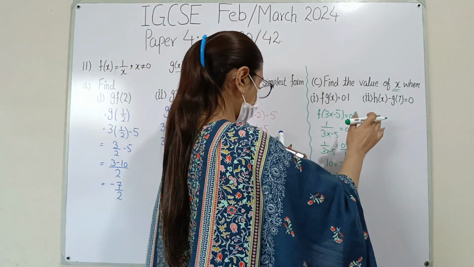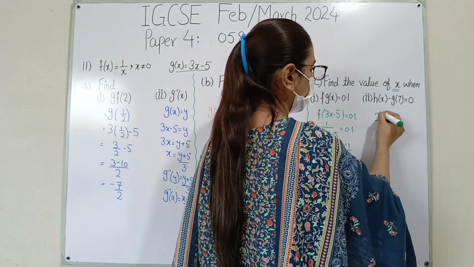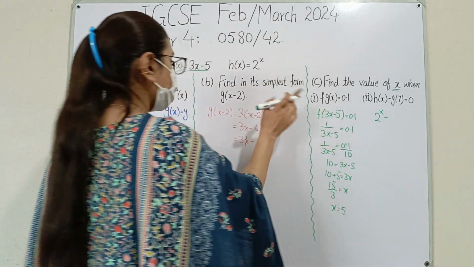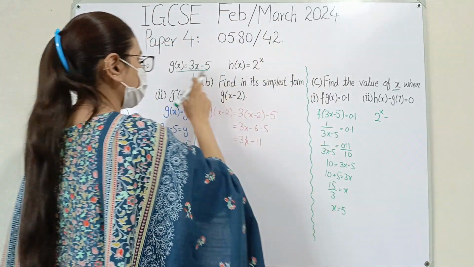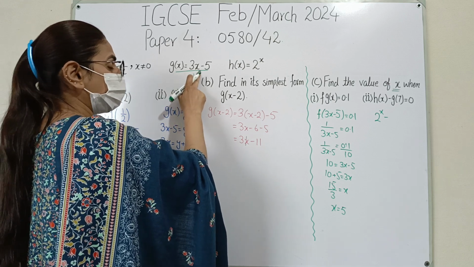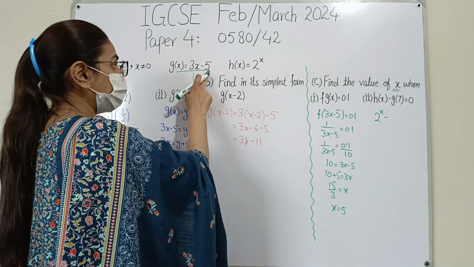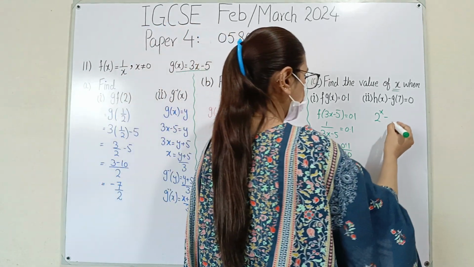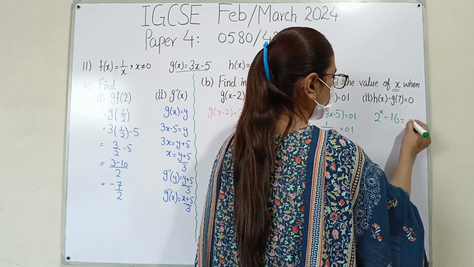You have to substitute the value of h of x as 2 power x. The value of g at 7 will be: put 7 in place of x in the function g. 3 into 7 will be 21. 21 minus 5. Simply put the answer over here. It's 16. So h of x equals 16.